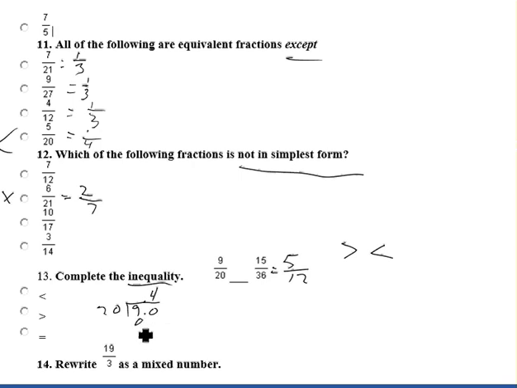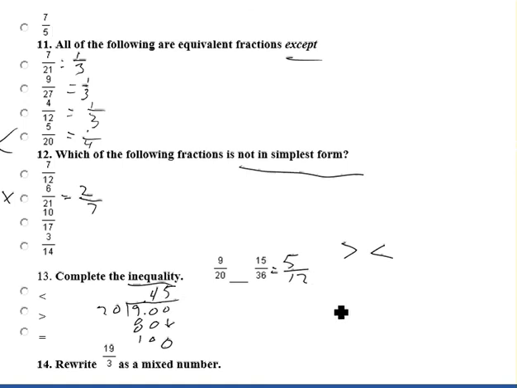Bring down a 10. Bring down another 0. Okay, so 20 goes into 100 5 times. That wasn't bad. So 9/20ths is the same as 0.45. Now we got to do that for 5/12.